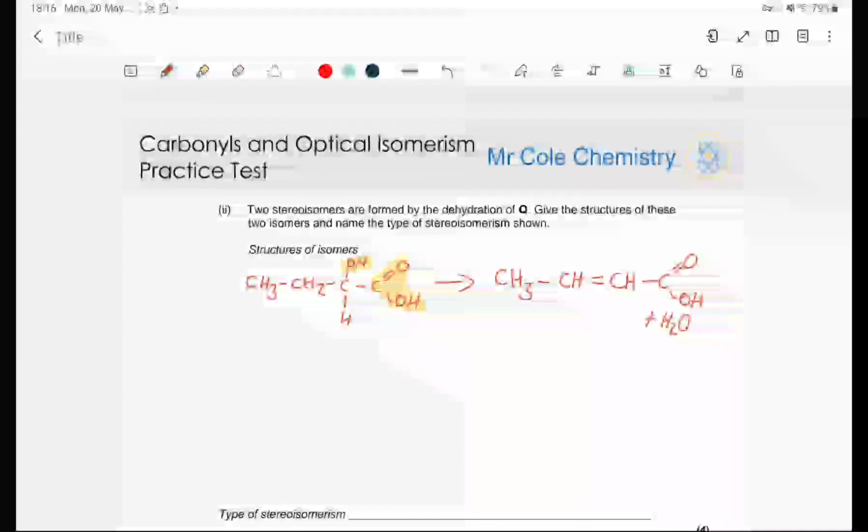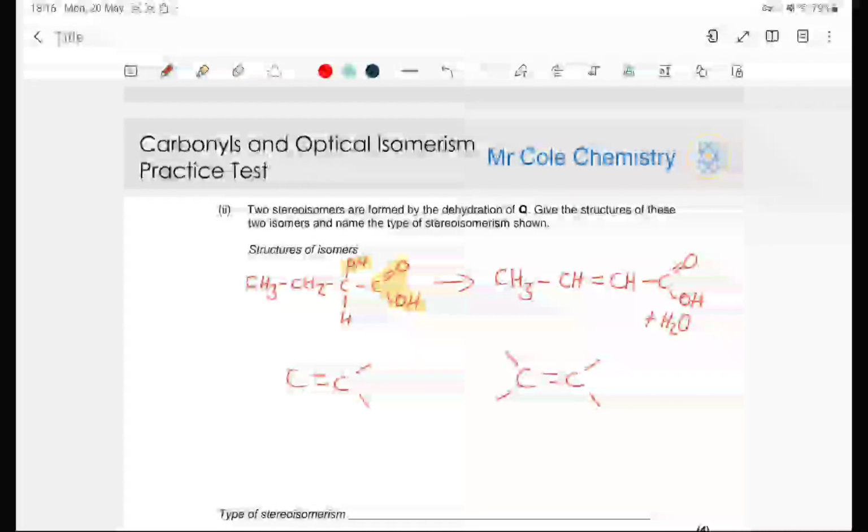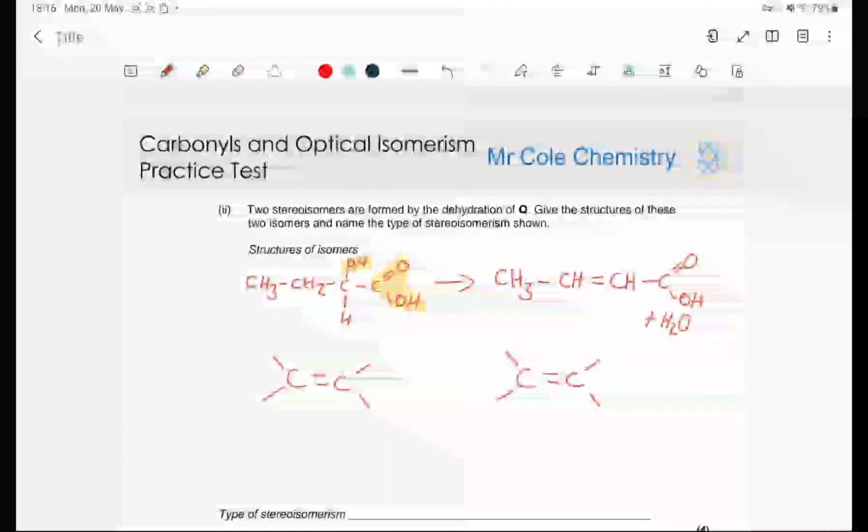But the question, of course, asks for the 2 different isomers. Now, when it comes to stereoisomerism or geometric isomerism around a double bond, we are talking about the fact that the double bond is unable to rotate. And therefore, we are looking at what's coming off the different bonds. Okay, so we're going to have 2 different isomers.